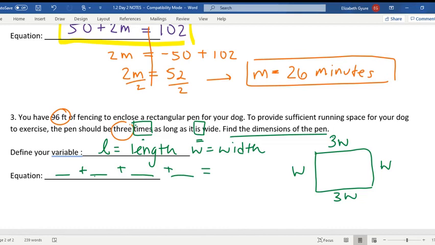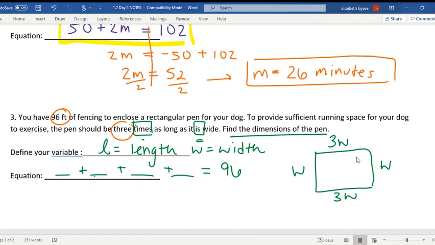So write this down. Equals. Now, how much fencing do we have? 96 feet. So what do you think our equation is going to equal? 96 feet. That's how much we have. Okay. Now, we have 4 little blanks here.